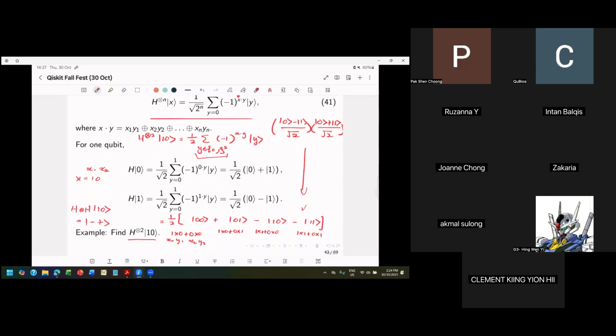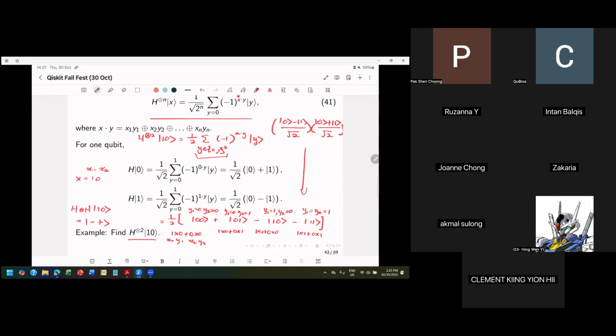So when y is 0, 0, it means y1 equals 0, y2 equals 0. When 0, 1, y1 equals 0, y2 equals 1. Here y1 equals 1, y2 equals 0, plus 1, both equal to 1.